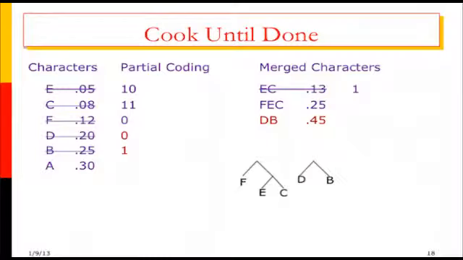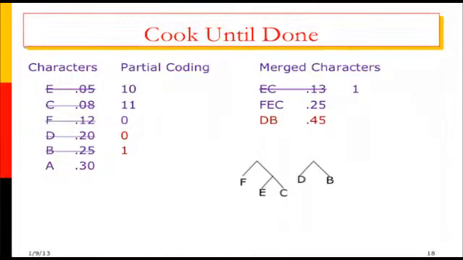There's a tie, doesn't matter. I'll get a different code, but they're equally good. And so just for purposes of illustration, I chose to take the D and the B. I wanted to do that, so now I've got a couple of other things merged together.